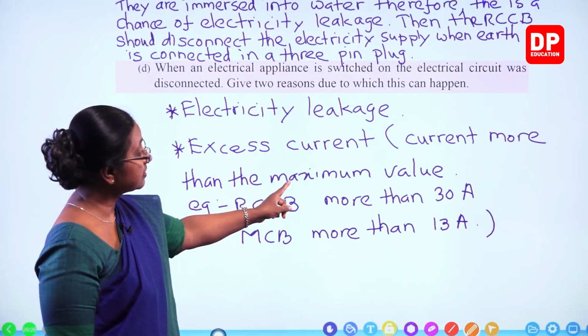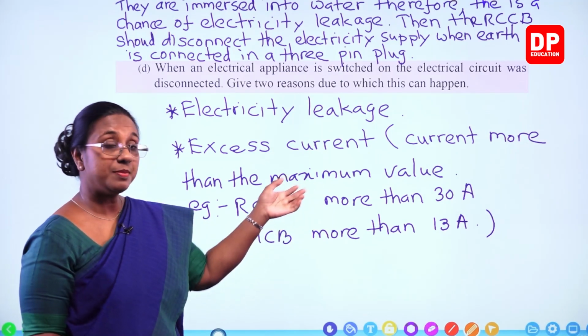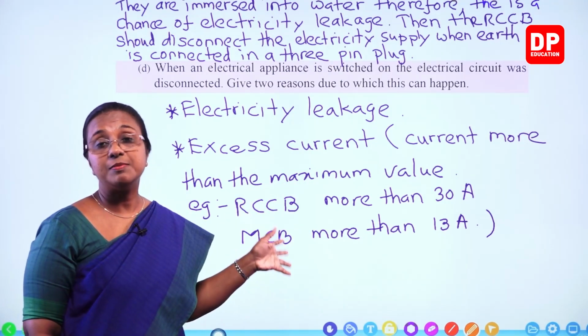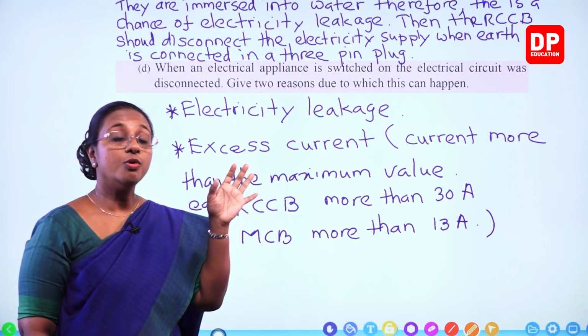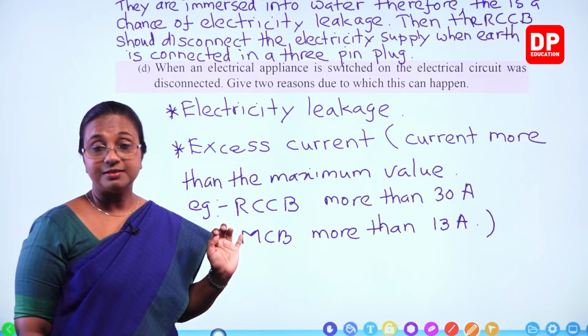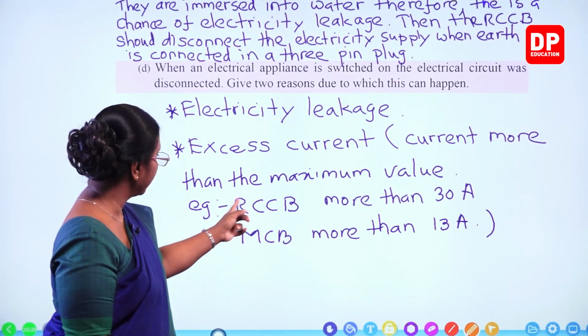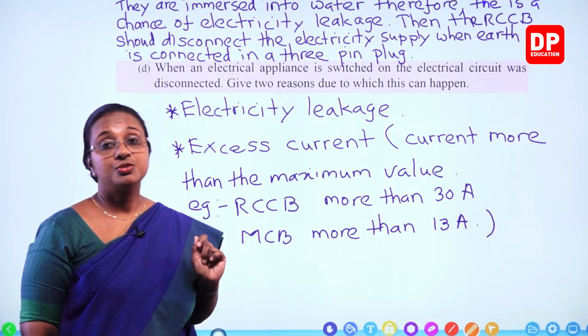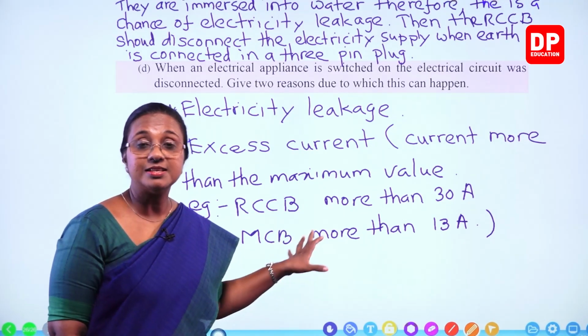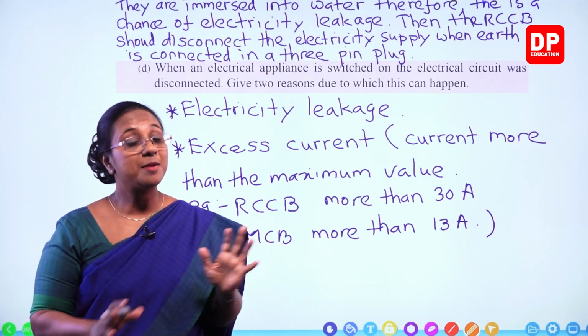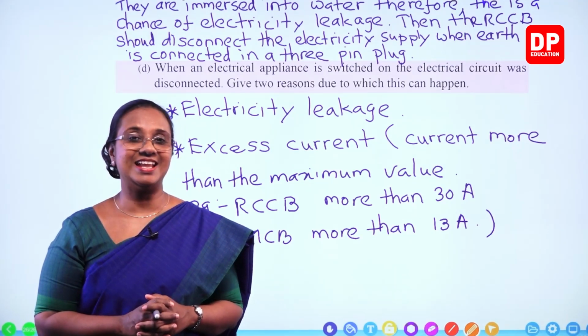If it is excess current more than 30 amperes to the circuit, it will be cut off by the trip switch. Only to the electric appliance it will be cut off by the MCB. So that is how the devices are protected. I'm sure you all can understand that.